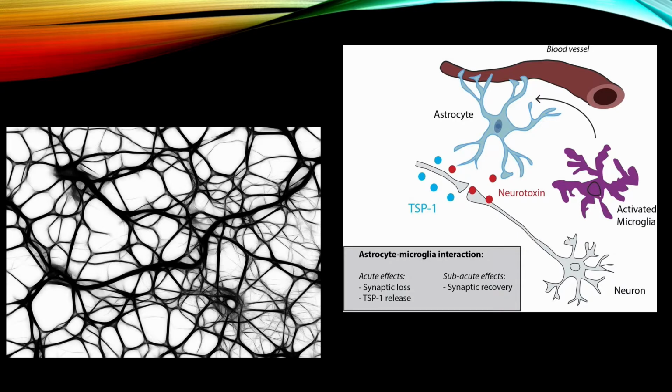And just another schematic, you have your blood vessel, and you have the astrocyte, which is one of the inflammatory cells. And this would be a microglia cell, and then you have a healthy neuron with its axon communicating with another axon.